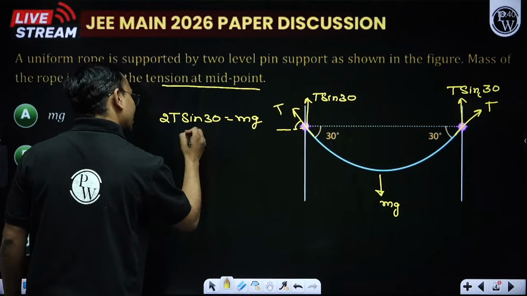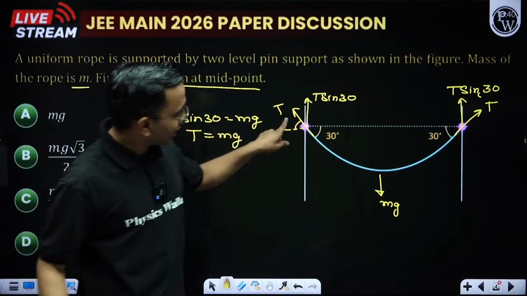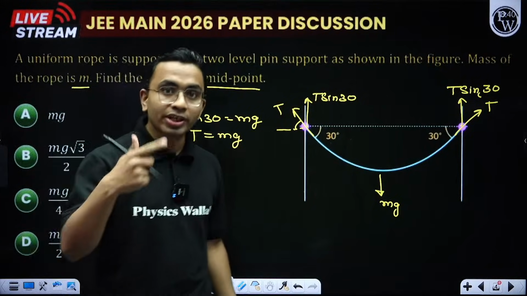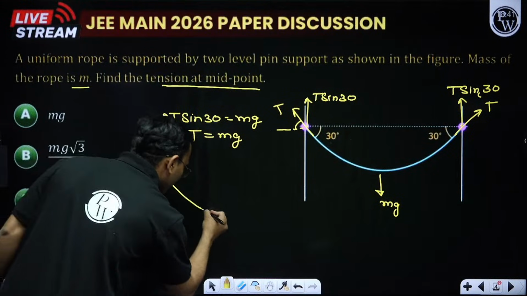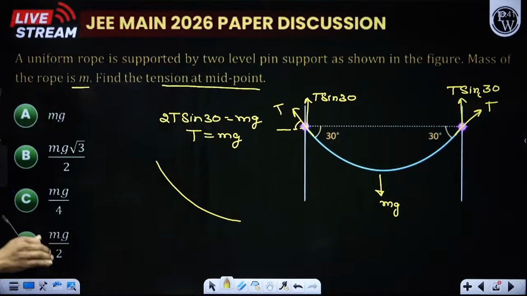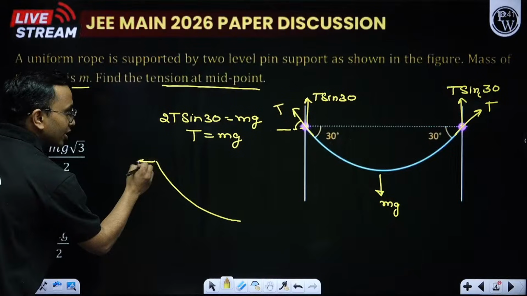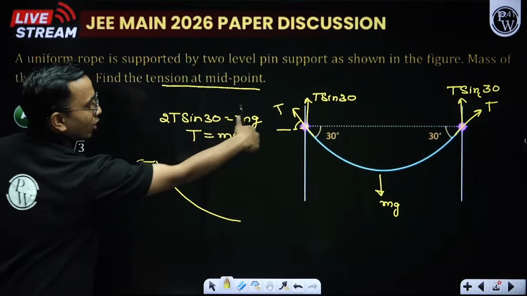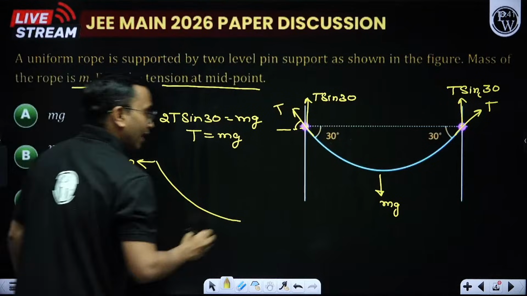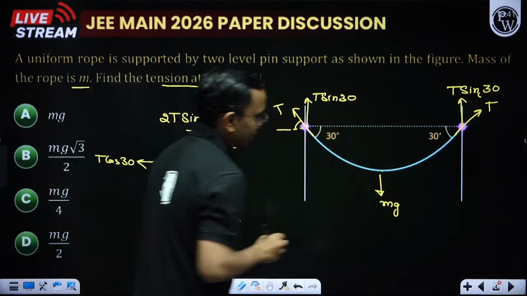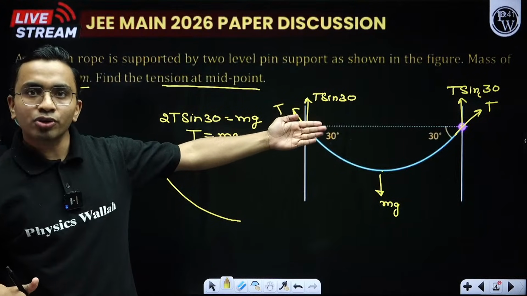From here I got the tension T is equal to mg, but this is not at midpoint, this is at this point. We need tension at midpoint. Now how to find at midpoint? Draw a free body diagram for half of the rope. Now for this half of the rope in horizontal direction, here the tension is T cos 30, and at midpoint from symmetry I can say the tension will be along the horizontal only.